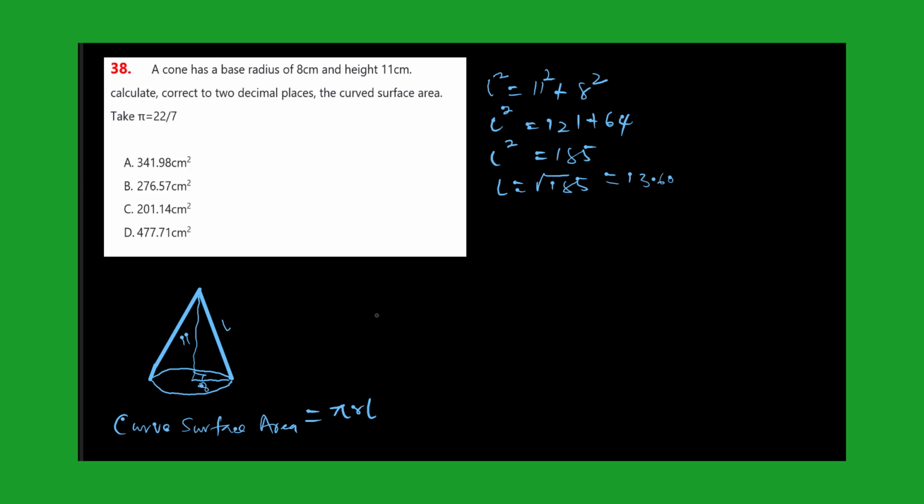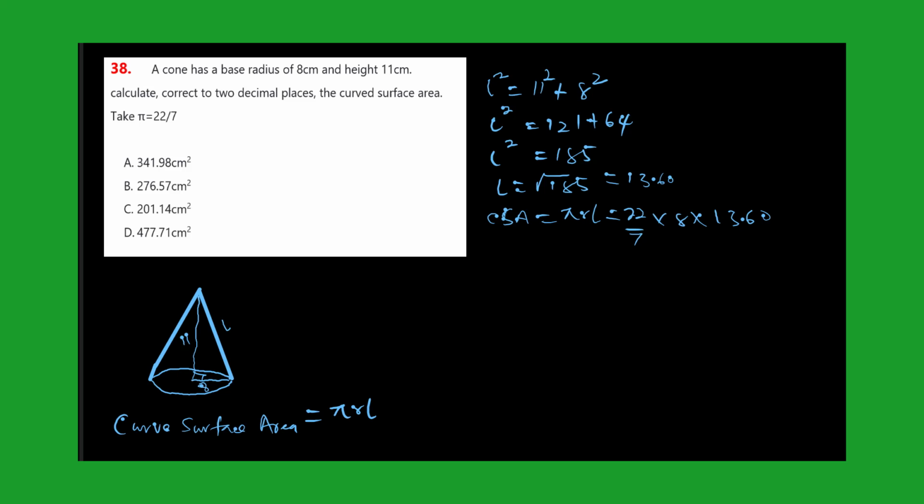So now let's apply the formula, which is pi RL for the curved surface area. Curved surface area, which is pi RL, that is 22/7 times R. R is given as 8 from the question, while the L is 13.60.